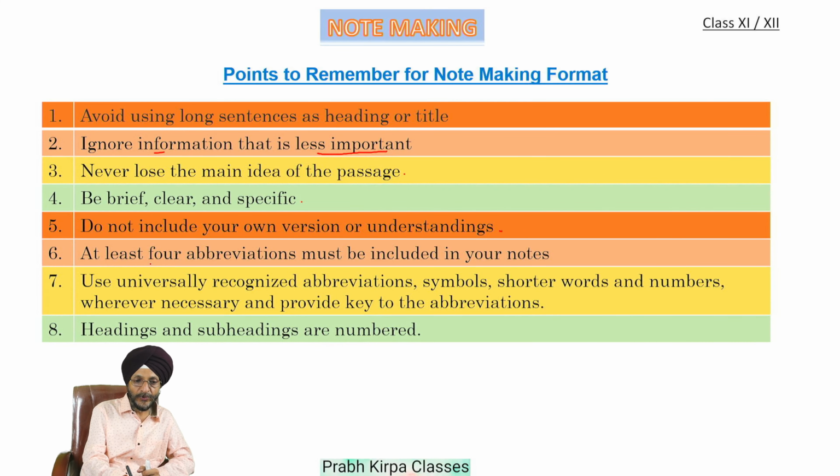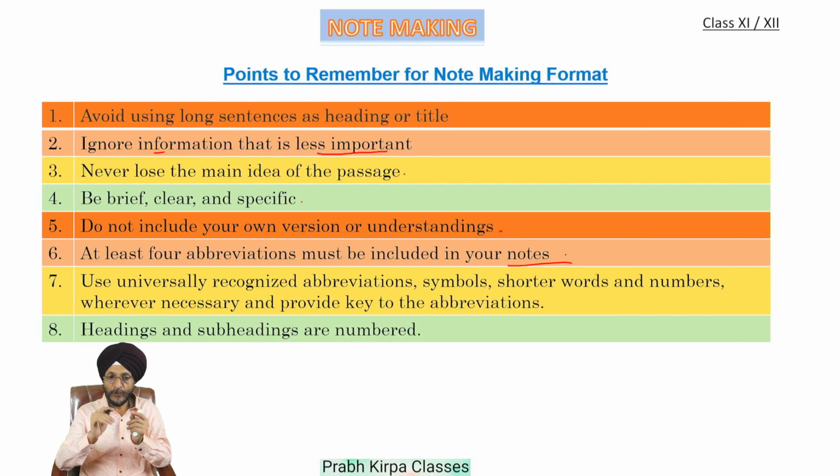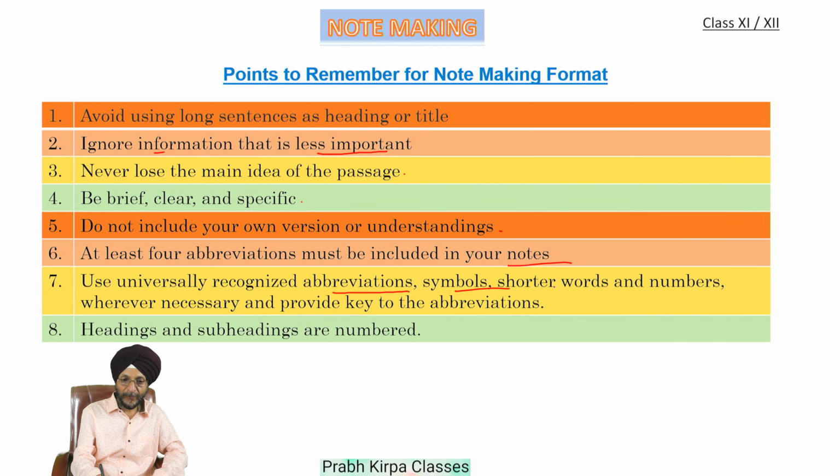Next, we should use at least 4 abbreviations in our notes. While making notes, we should at least mention 4 abbreviations. It may be more than that. Use universally recognized abbreviations, symbols, shorter words, and numbers wherever necessary, and provide a key to the abbreviations.